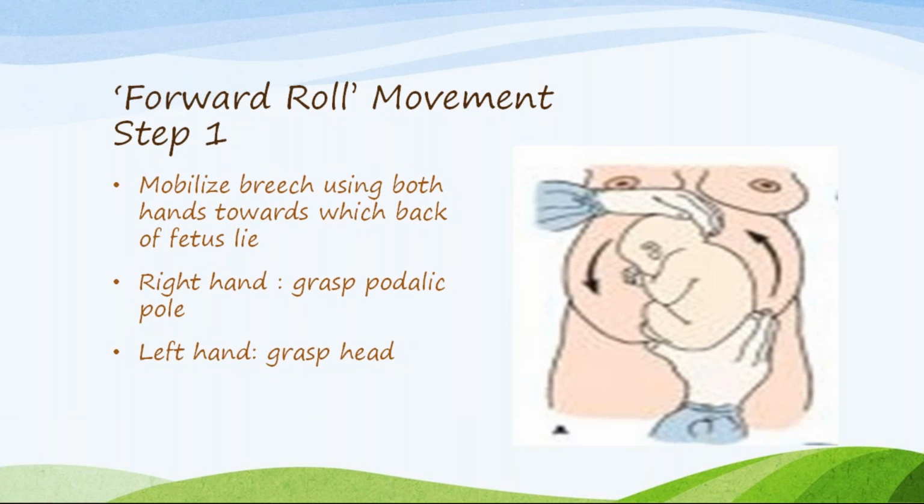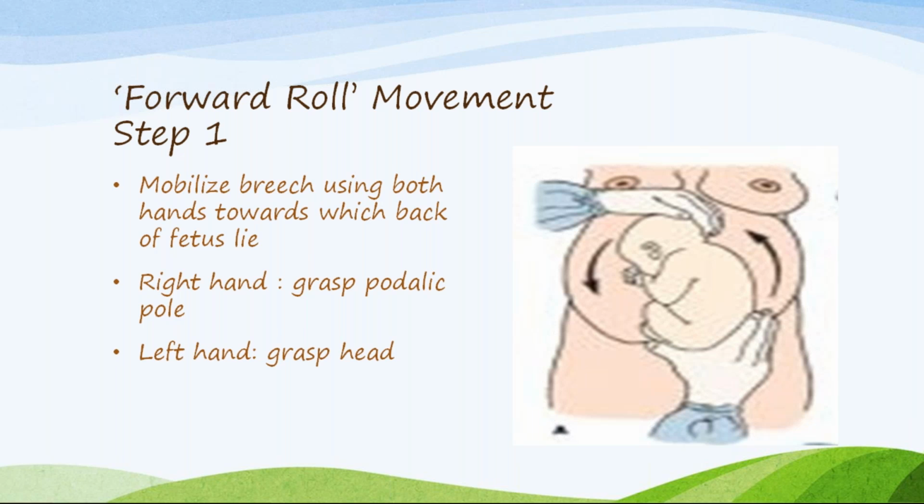So here, we push the breech away from the pelvis gradually. After each movement, the fetal heart should be checked. If there is any deceleration of the fetal heart, it has to be stopped.